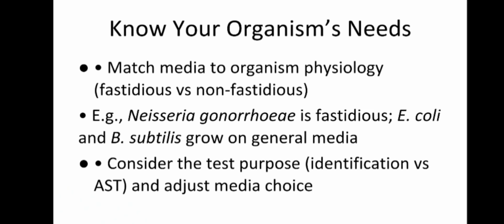Neisseria gonorrhea is a picky bacterium and requires enriched media, usually heated blood agar, and it requires CO2 conditions, so we usually incubate it in a CO2 incubator. Temperature is standard.